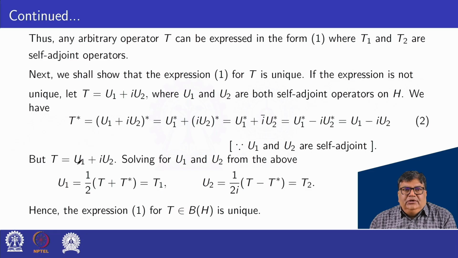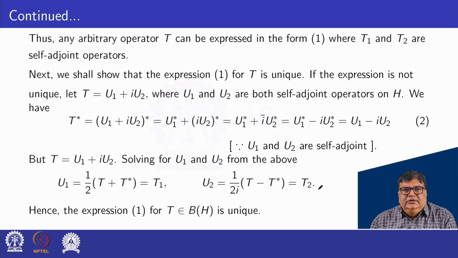But T is equal to U1 plus i U2. Solving for U1 and U2 from the above, U1 is equal to 1 upon 2 into (T plus T star). What is this? This is T1. And U2 is 1 upon 2i (T minus T star).